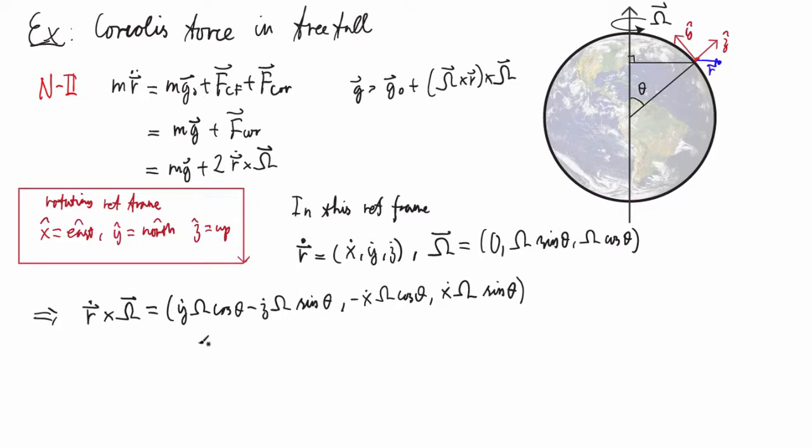That's just an application of the cross product, something you will need to be able to do yourself. So then if we write down now Newton's laws here on component form, we get the following.